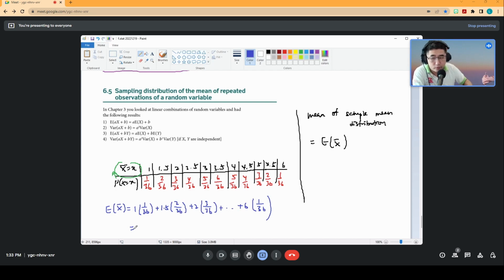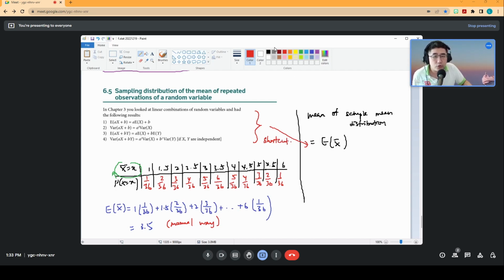So I have 3.5. This one is the manual way. So how do we use this to do shortcuts?